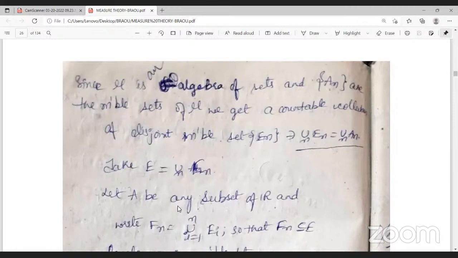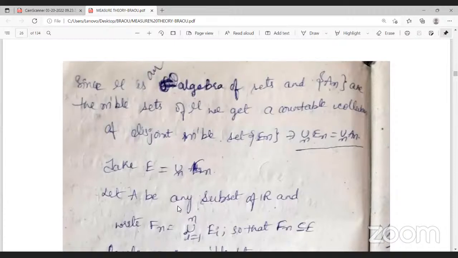Now, proof. In this proof, write down: let the sequence En be a decreasing sequence of measurable sets, and the measure of E1 is finite.